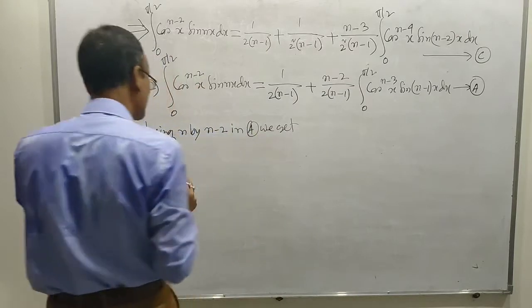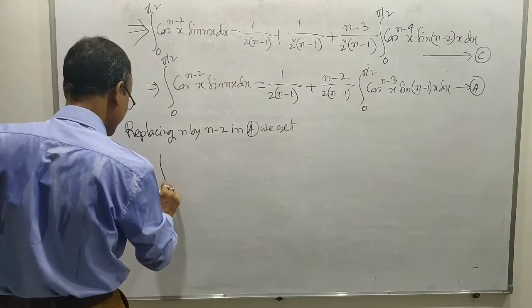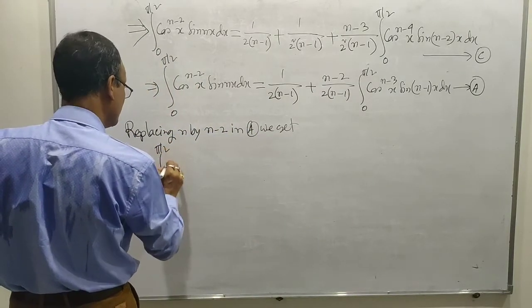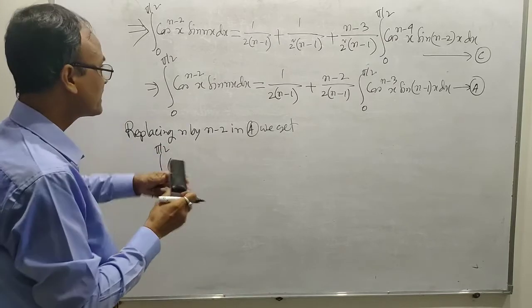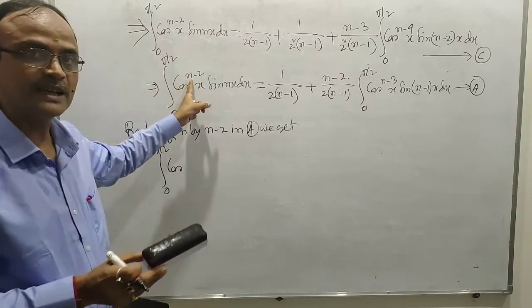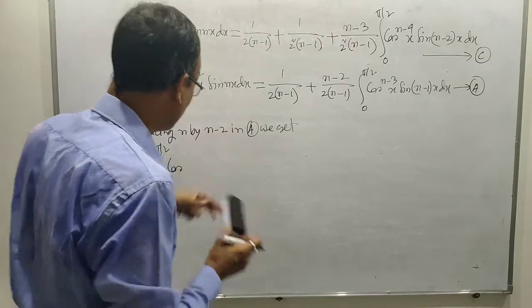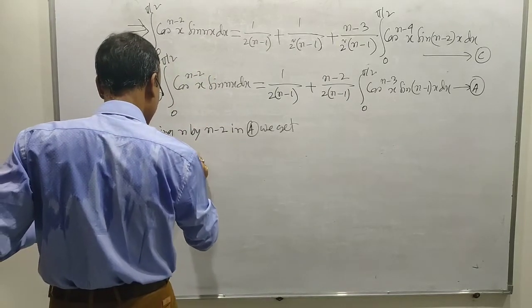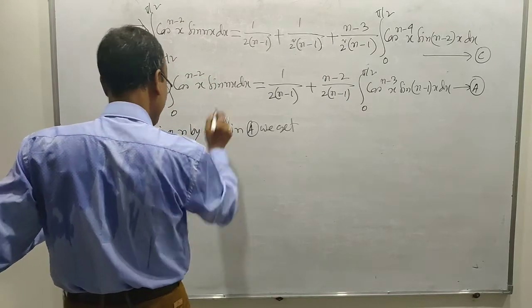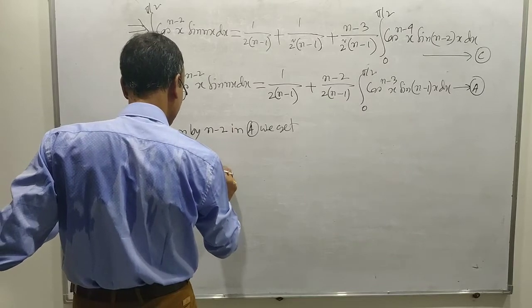Replacing n by n minus 2 in A we get integration 0 to pi by 2 cos to the power n minus 4 cos to the power n minus 4x sin n minus 2x.